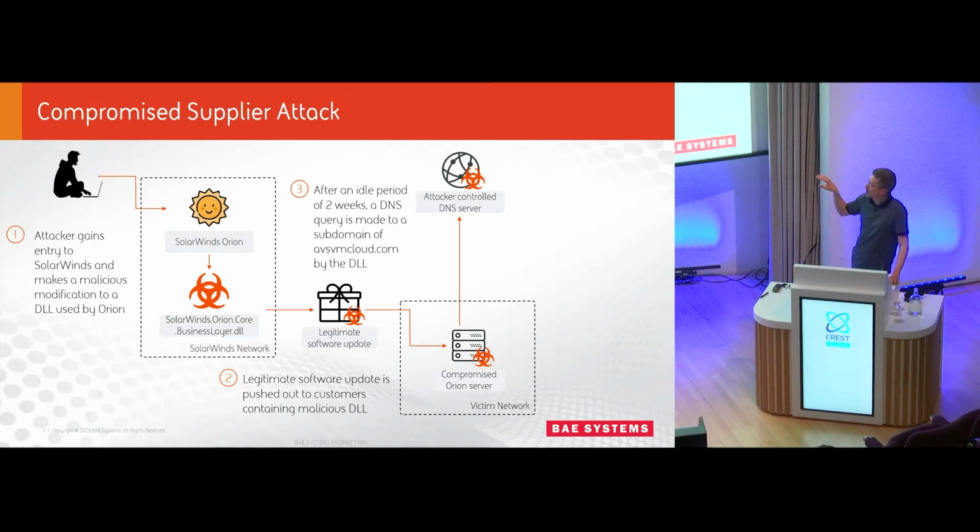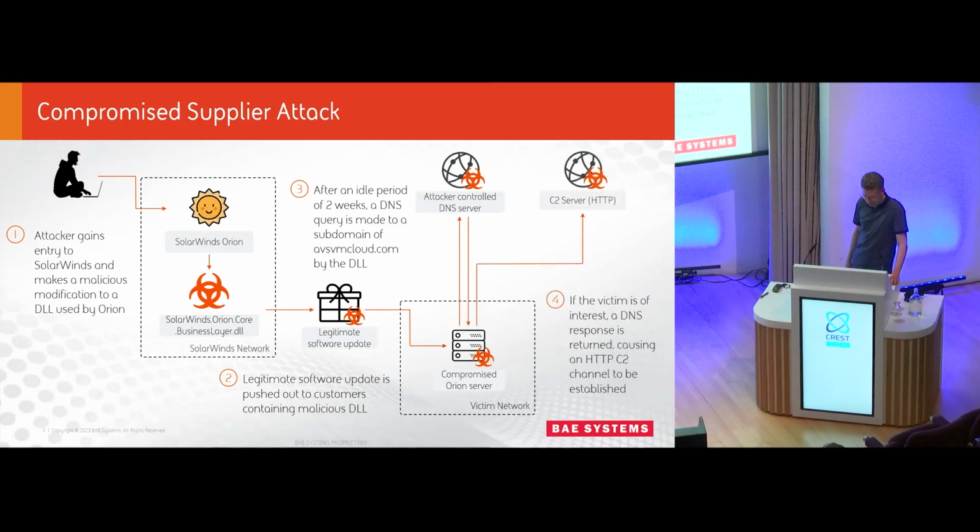Because each victim had a unique subdomain, the attacker was then able to identify these victims, and the queries basically end up on an attacker-controlled DNS server. The attacker is then able to, from some of the data in that subdomain, it's kind of encoded in there, determine if they want to deliver a second stage payload onto this victim or not. So in our example, they did deliver a second stage payload.